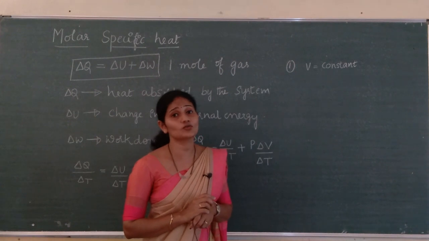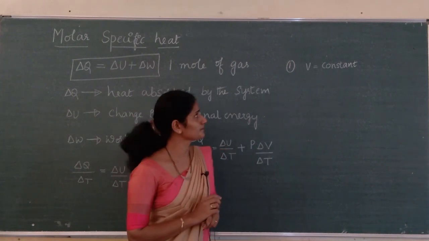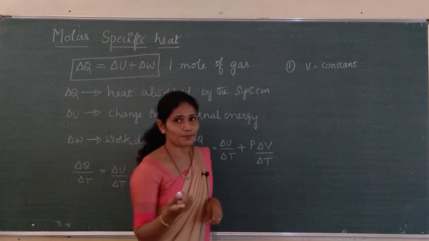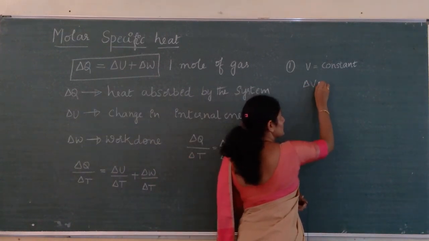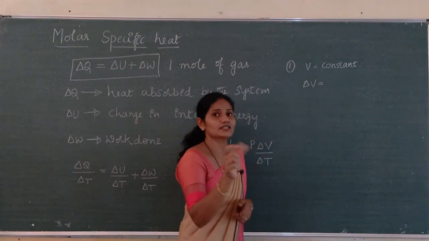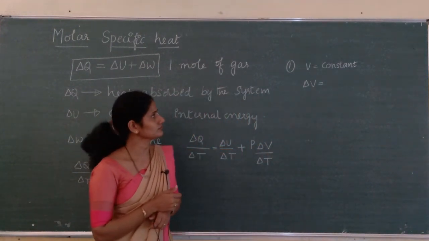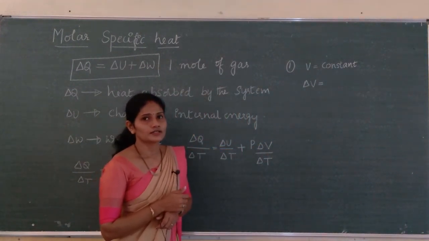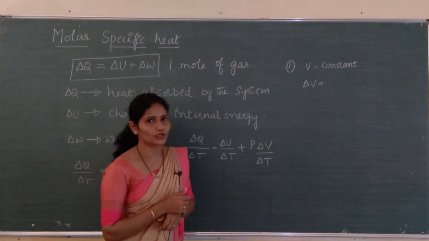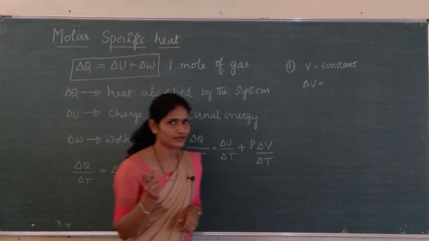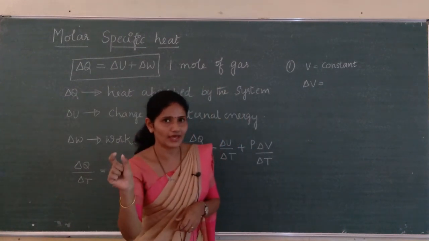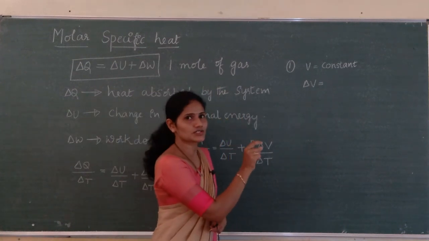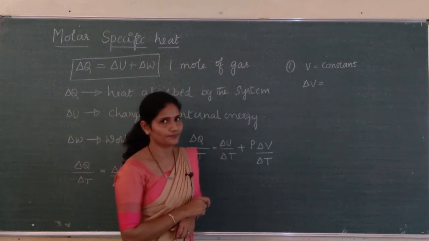Then what is the change in volume of the system? Always change is represented by delta. So, how to calculate the change? Delta V is equal to final volume minus initial volume. Final value minus initial value is nothing but the change in the value.